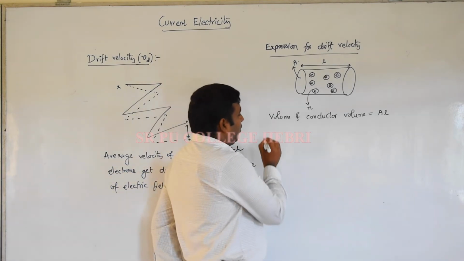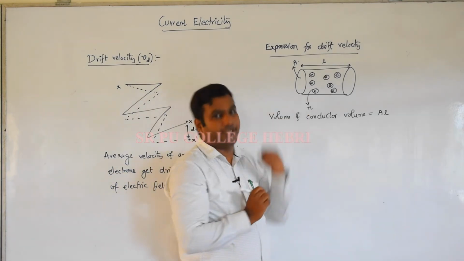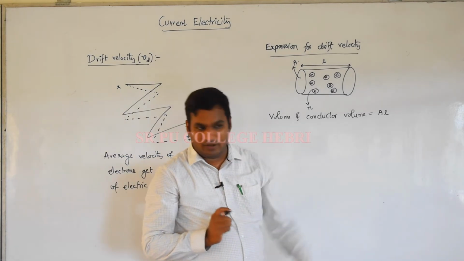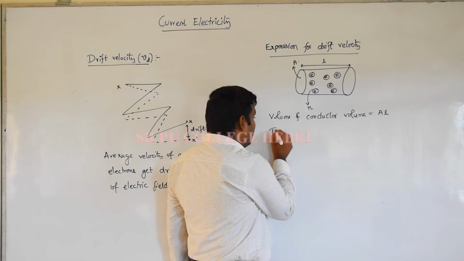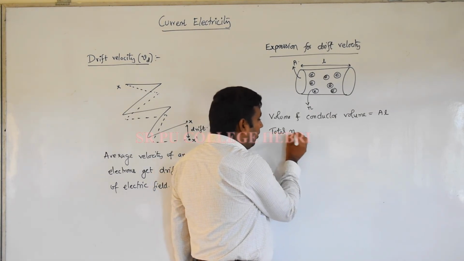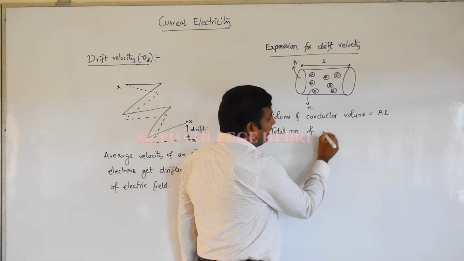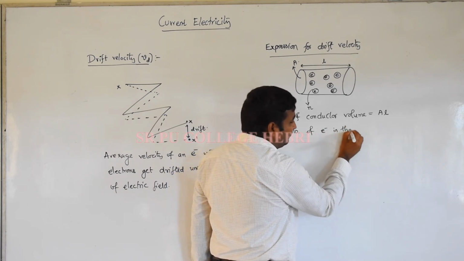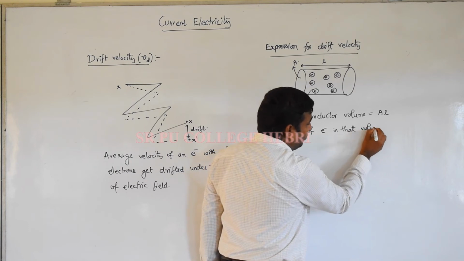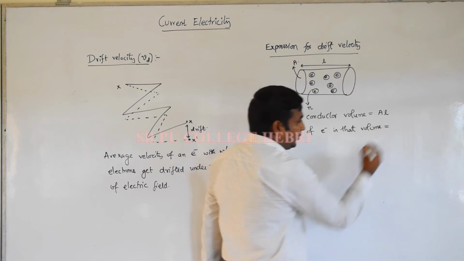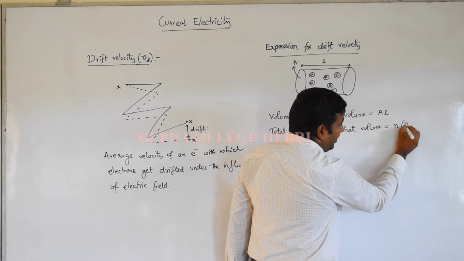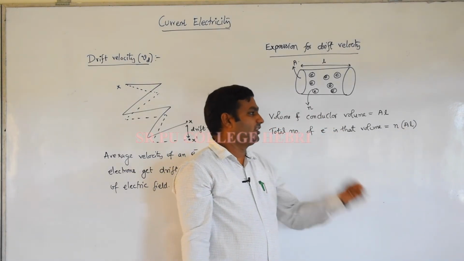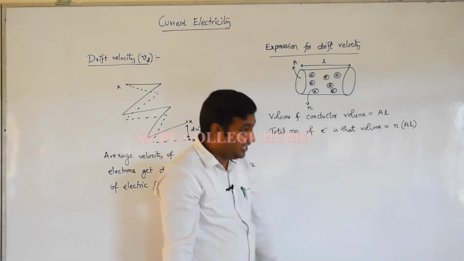Now in that volume it contains n number of electrons. Automatically, the total number of electrons in that volume is equal to n into A into L. Remember this, total number of electrons in that volume is n into A into L.